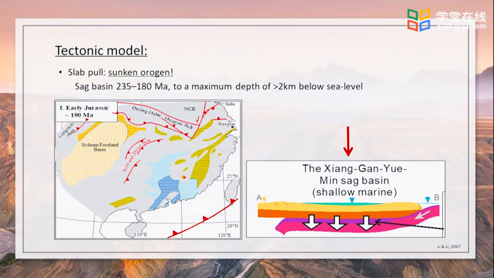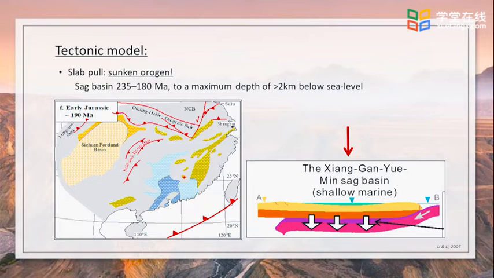The deposition during the early Jurassic and the eventual formation of the shallow marine basins is explained in this tectonic model as due to the slab pull creating a second orogen and a sag basin during the time of 235 to 180 million years.